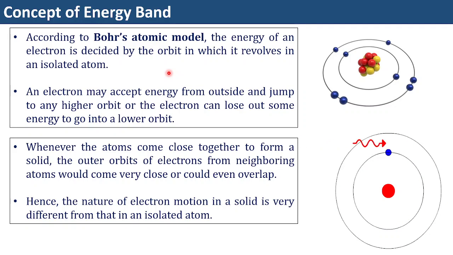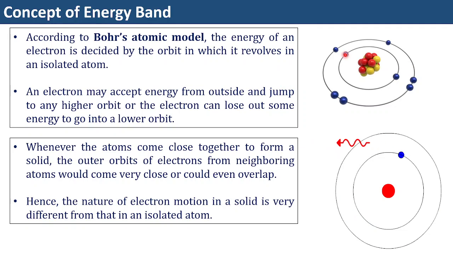Although there are vector atom models and wave mechanical models, the well accepted model is Bohr's atomic model, which says that inside an atom you have a nucleus. Within the nucleus you have protons and neutrons, and the electrons revolve around this nucleus in definite circular orbits. That is what Bohr's atomic model says.